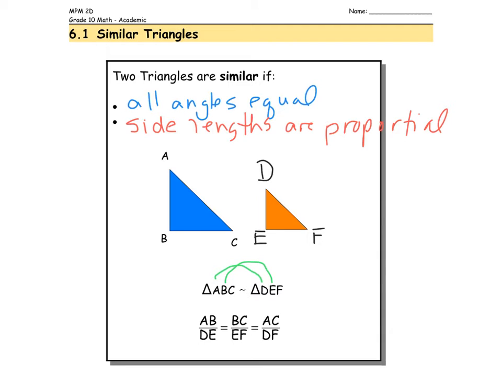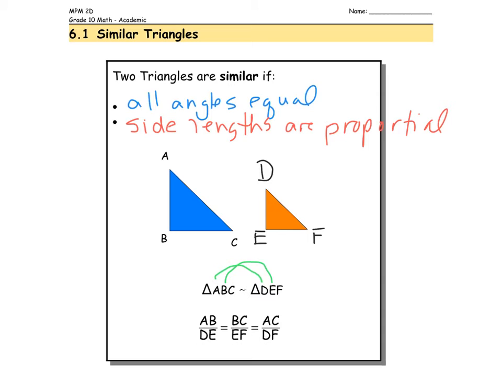Another important convention is that there are two different ways of identifying how side lengths are represented. Here I have AB together. Sometimes you'll even see a little line on top of them just to indicate that it's a line, but not always. So in this case, side AB is how we've written it.